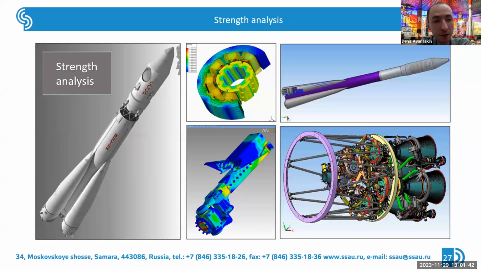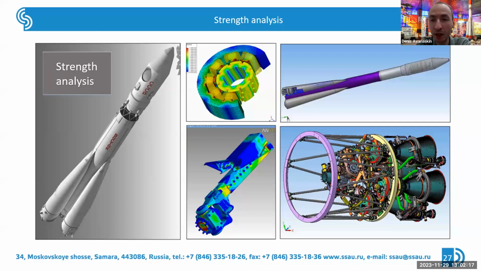So the next thing is strength analysis. We have to be sure that our satellite will survive the flight inside the rocket, because all the rockets that take our satellites to the orbit around the Earth have very powerful engines, and when these engines work, the vibration is very strong.